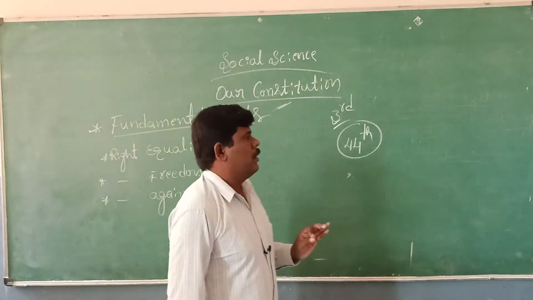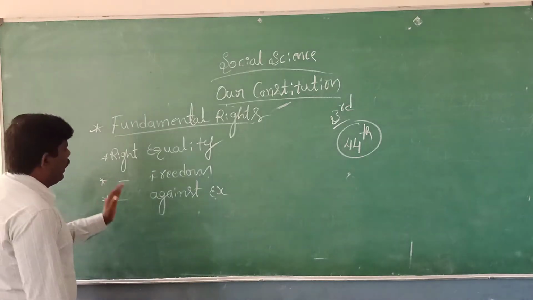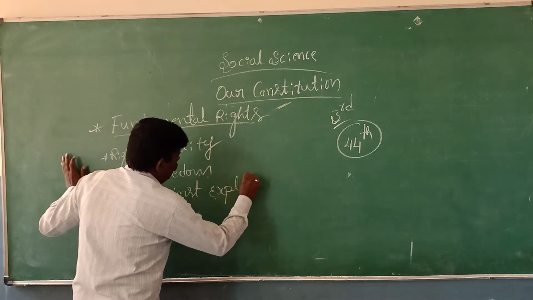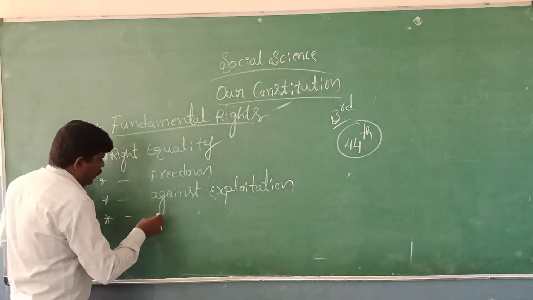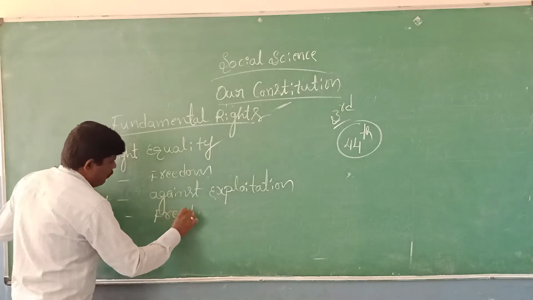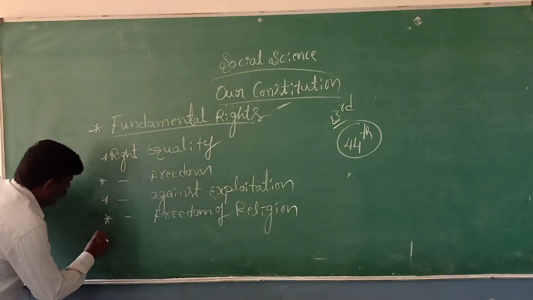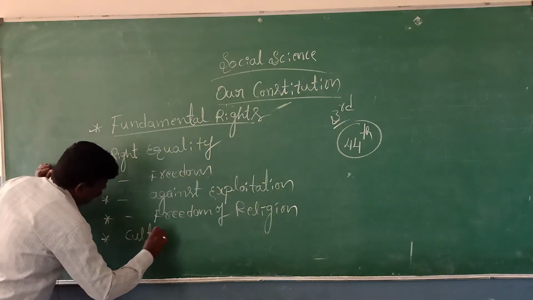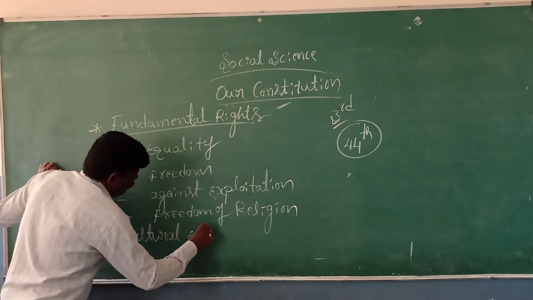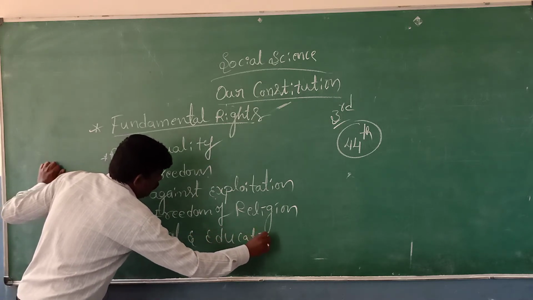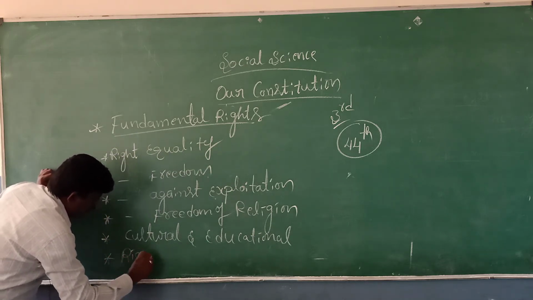They are called right to equality, right to freedom, right against exploitation, right to freedom of religion, cultural and educational rights, and right to constitutional remedies.